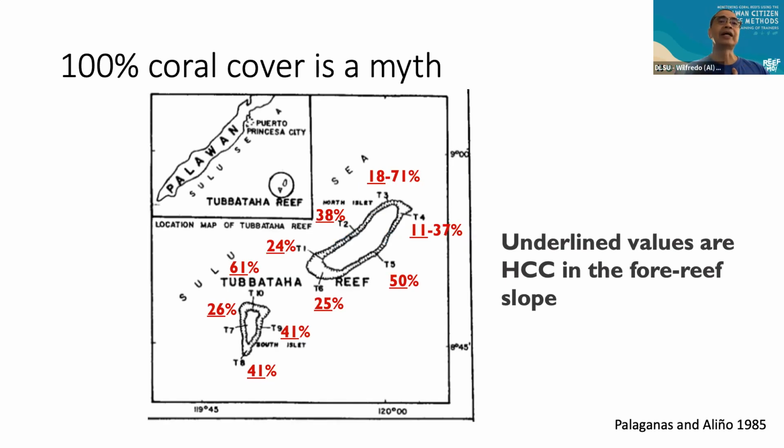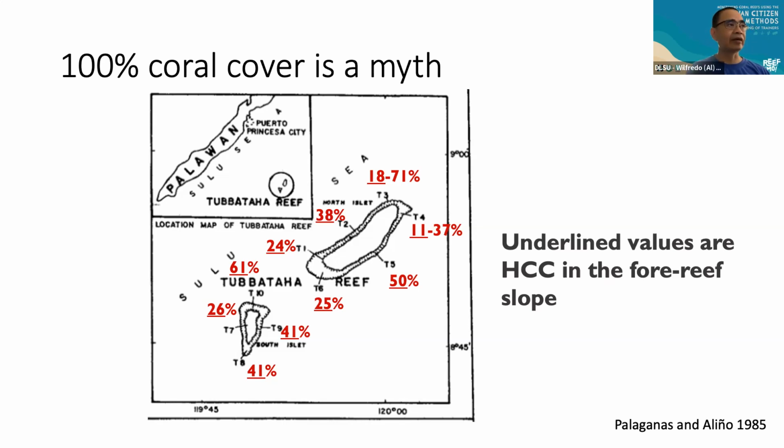Talking about Tubbataha, many people think na because it's so well managed, and because it's fairly distant from human influence, yung coral cover sa Tubbataha is 100%. That is not true.